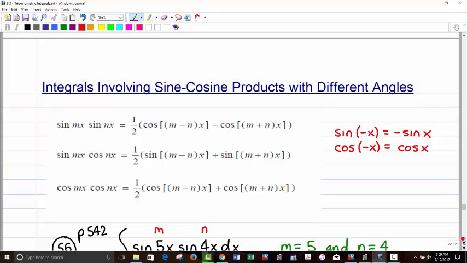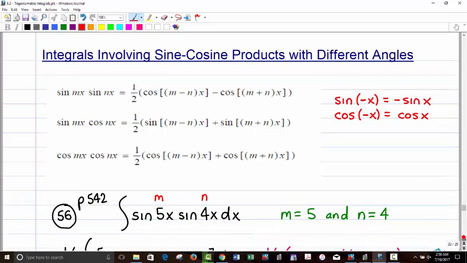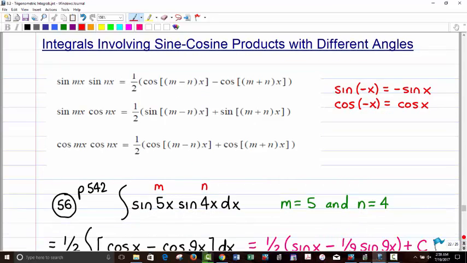What we're basically doing is integrating something like, you'll see, this one, sine of 5x, sine of 4x, sine of 2x times cos of 8x, that sort of thing. So the trig functions will all be to the first power. But you can't use a normal substitution technique because if you had sine of 5x times cosine of 4x, you could not use a normal du process here.